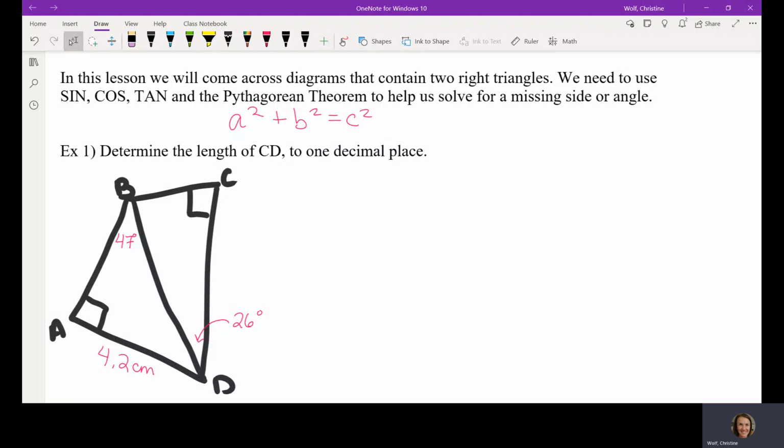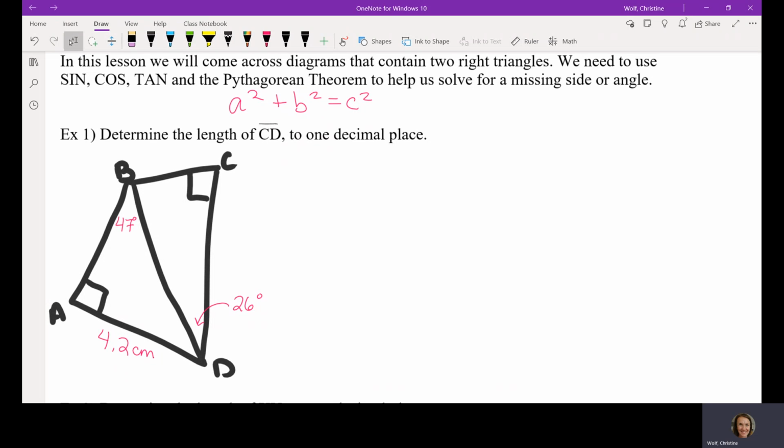I'll give you a second to copy that down before we start with this first example here, where we want to figure out the length of CD. So copy that diagram down.